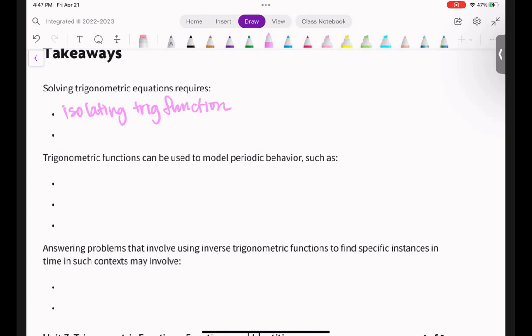So then use inverse to solve for angle, right? Or you can use your special right triangles, which is what I really like.